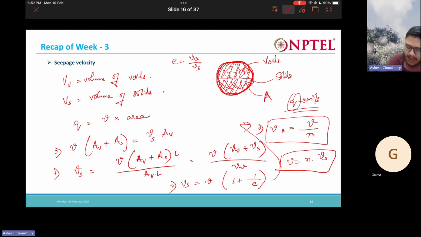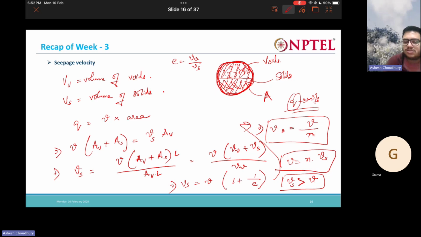Now the value of porosity will always be less than 1. That means our seepage velocity is always greater than V, the superficial velocity.